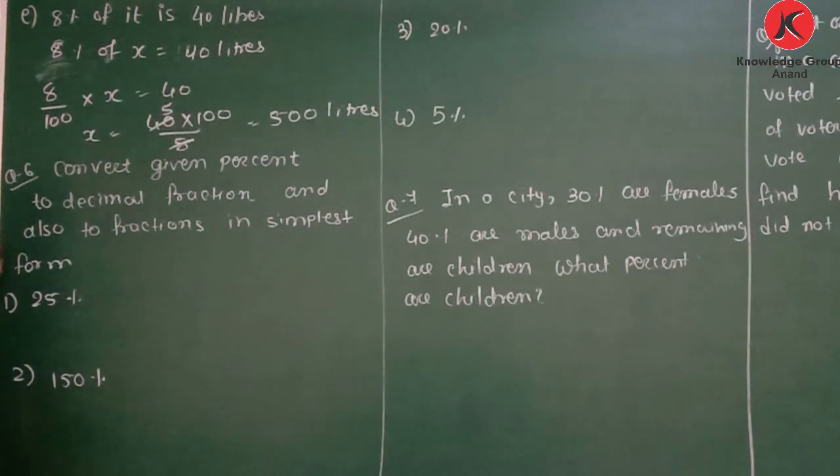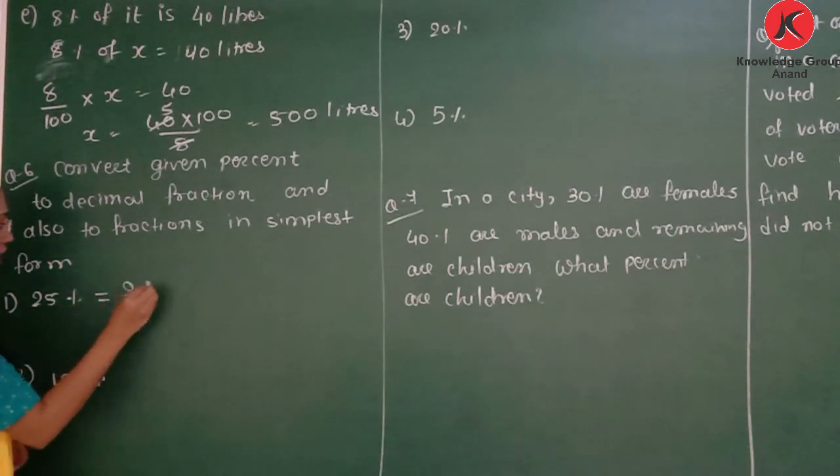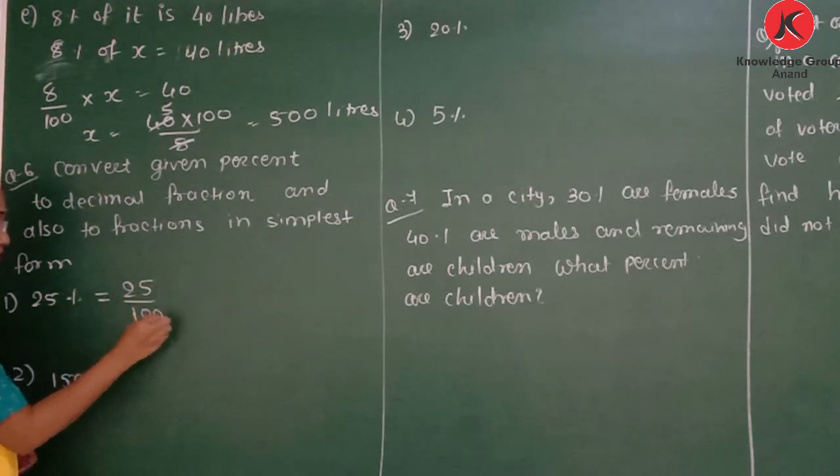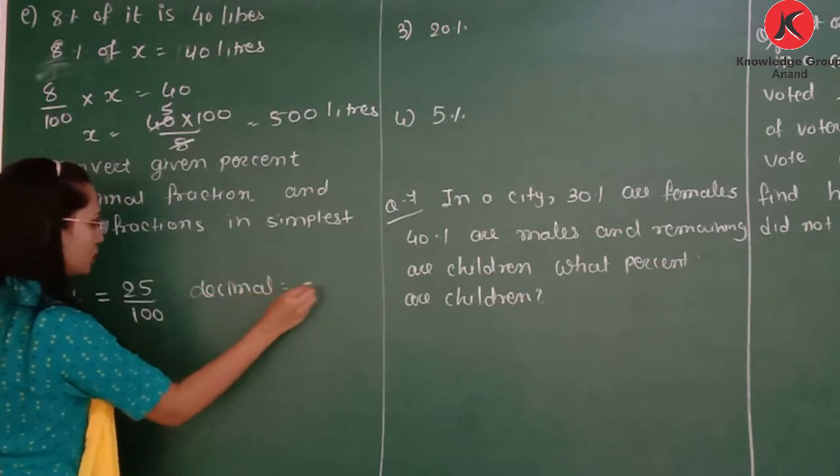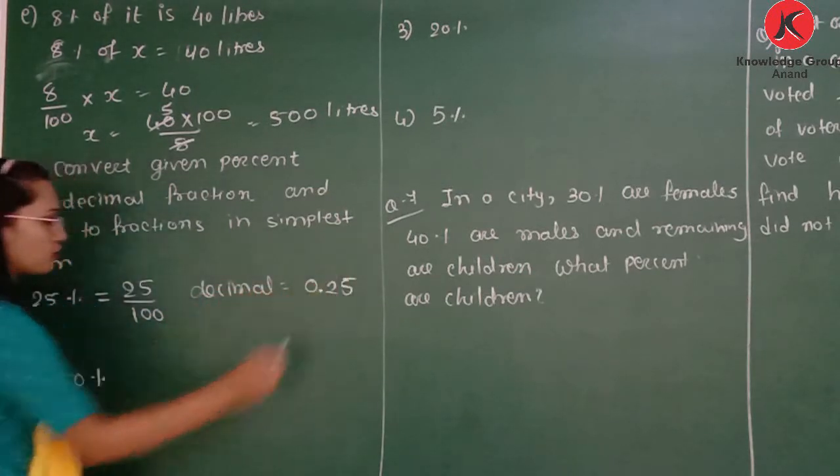Now next one, convert the given percentage to decimal and fraction in simplest form. So now 25% is written as 25 by 100. As a decimal it is 0.25.